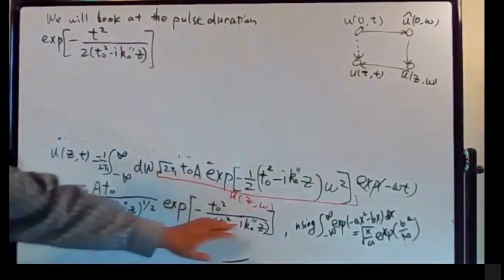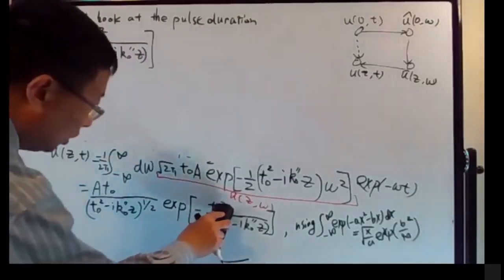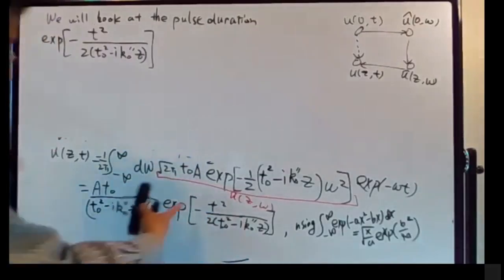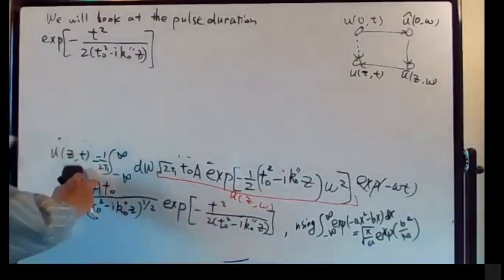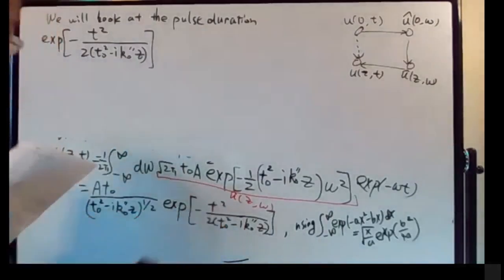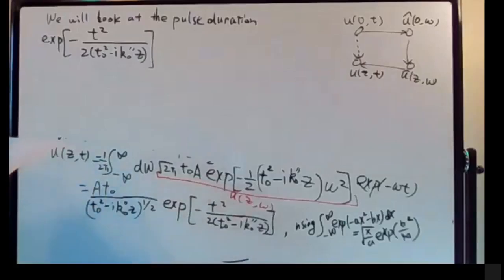We're just looking at the pulse width, so there is no t naught in front; this is just t, right? Because this is a function of t.